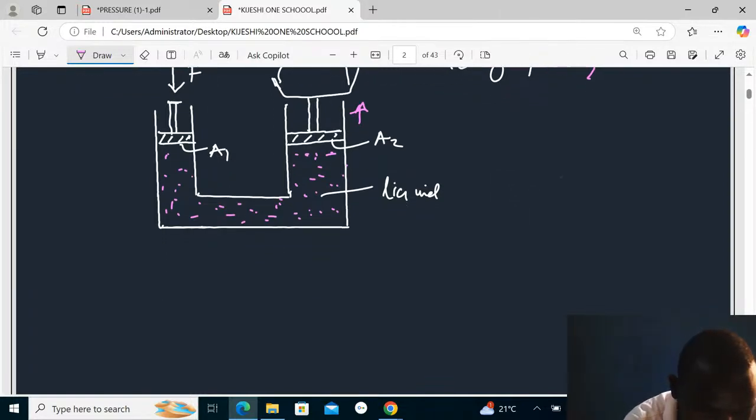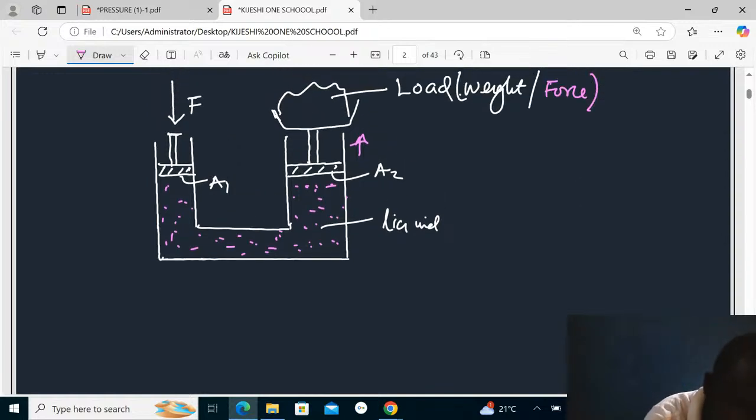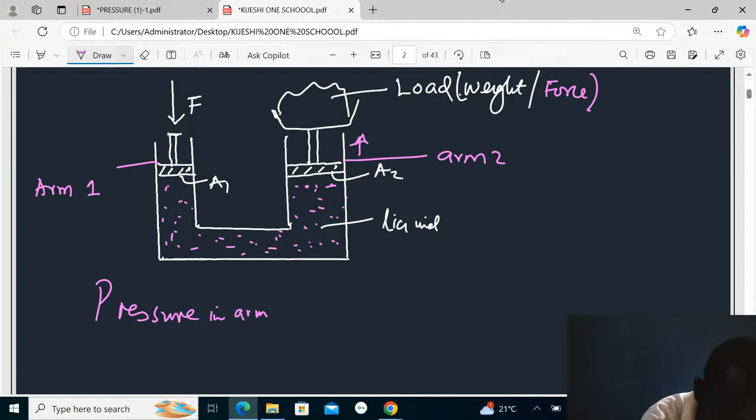Therefore, in conclusion, you can say pressure in arm 1, and we call this one 2. So pressure in 1 is equal to pressure in 2.